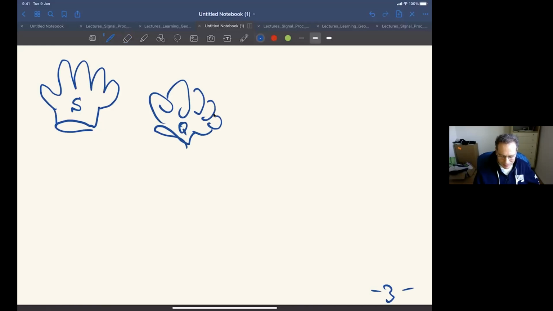Think about them as different samples of, say, ECG or EEGs from the brain, but here it's embedded in R3. In fact, this is a 2-dimensional manifold, which is called a surface. And the question was, how can we use the Laplace-Beltrami operator in order to find and define some distances between these 2 surfaces? How do I define a distance?